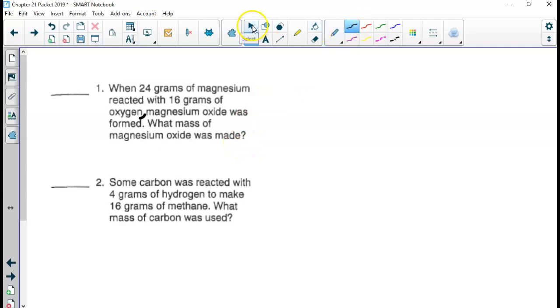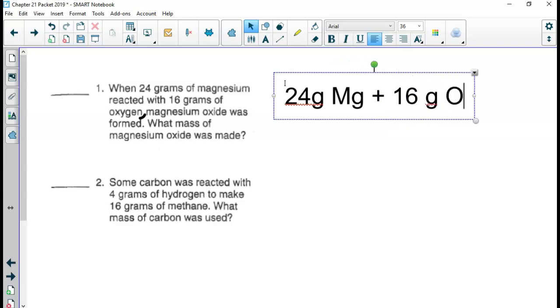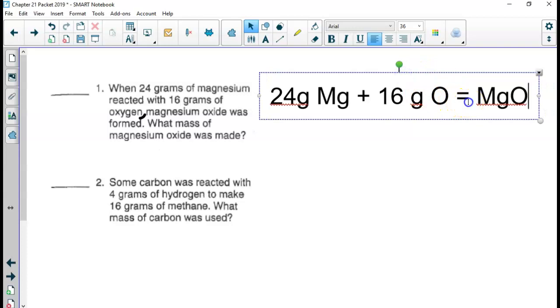So it looks to me like I have 24 grams of magnesium, and they're going to react with 16 grams of oxygen to make some magnesium oxide. But I don't know how much.